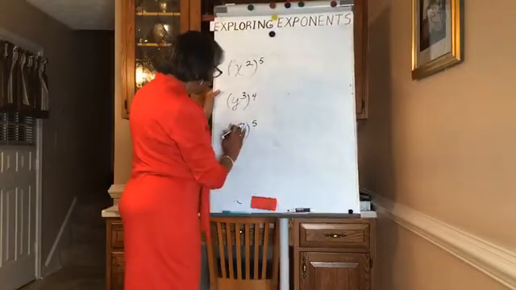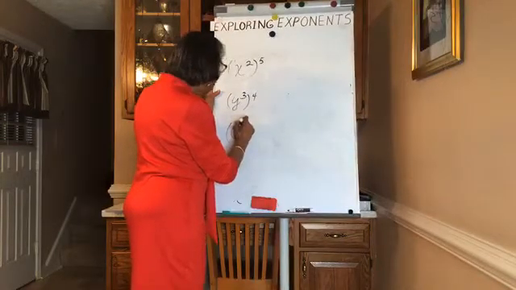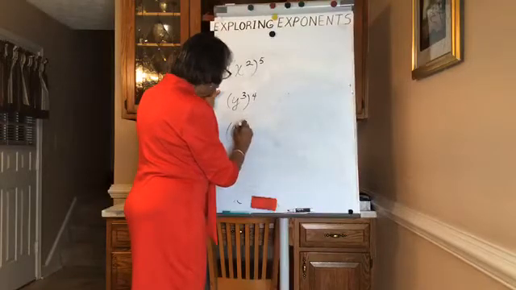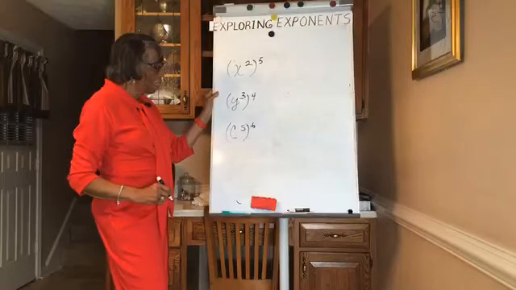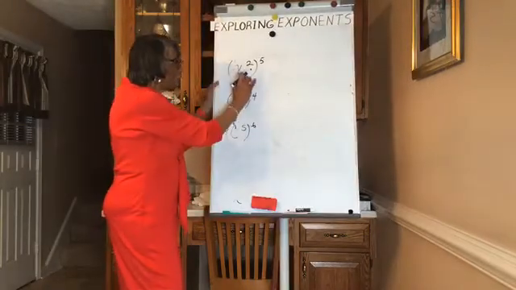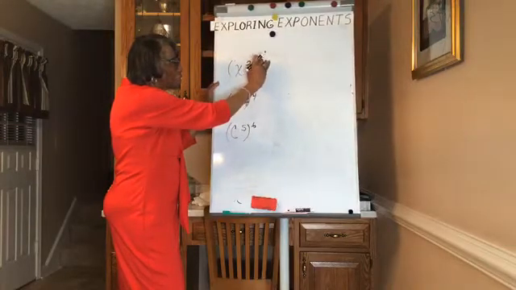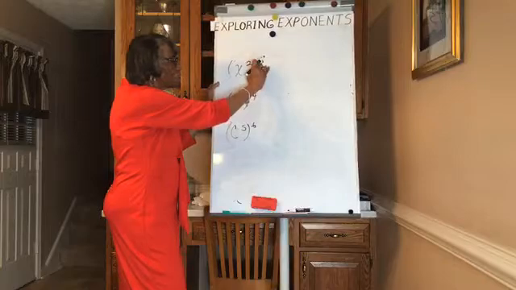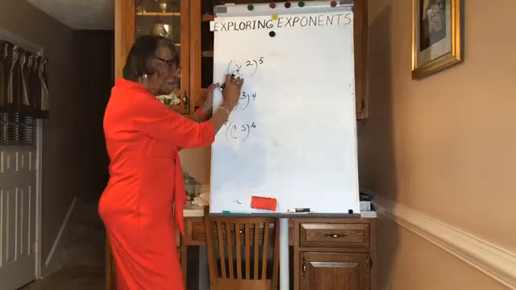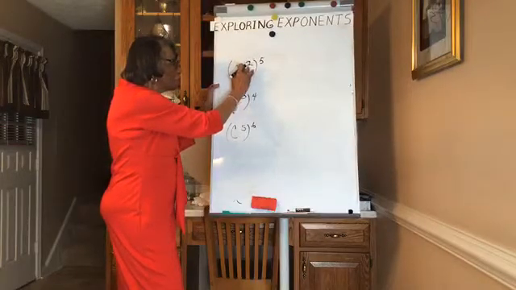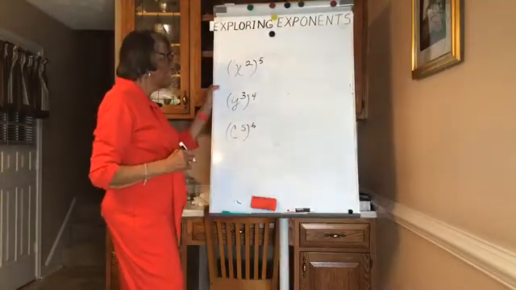Well, no, I've already got 2 and 5, so let me use some other exponents. All right, let's use 5 and 6, just to make it interesting. What's inside of the parenthesis is operating with this exponent on the outside of the parenthesis. And that tells me how many times I have to multiply this. And then this exponent tells me how many times this is. So we're putting it all together now.